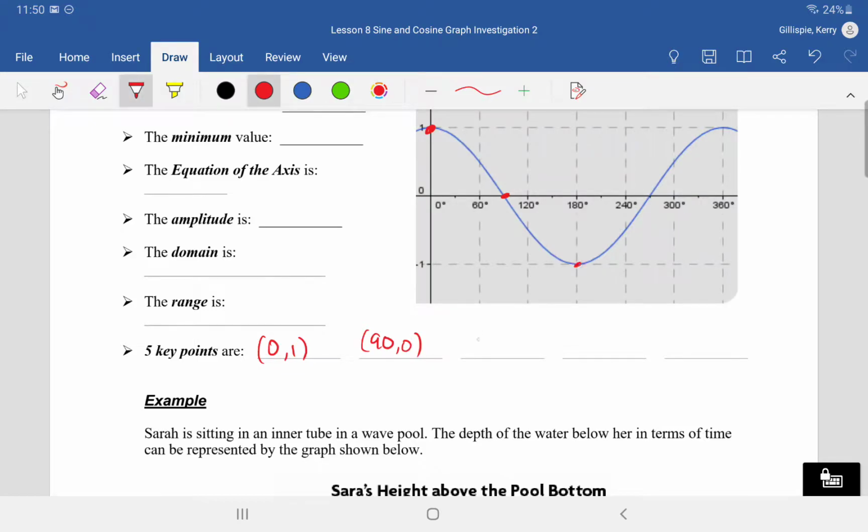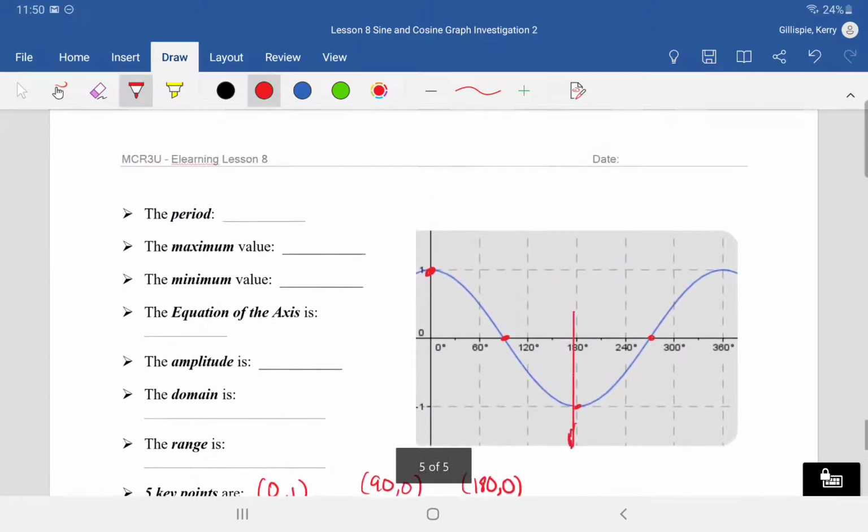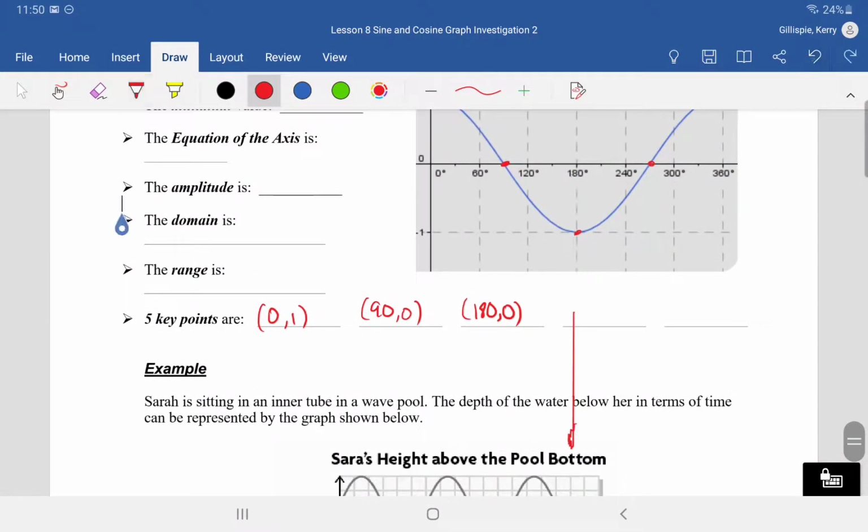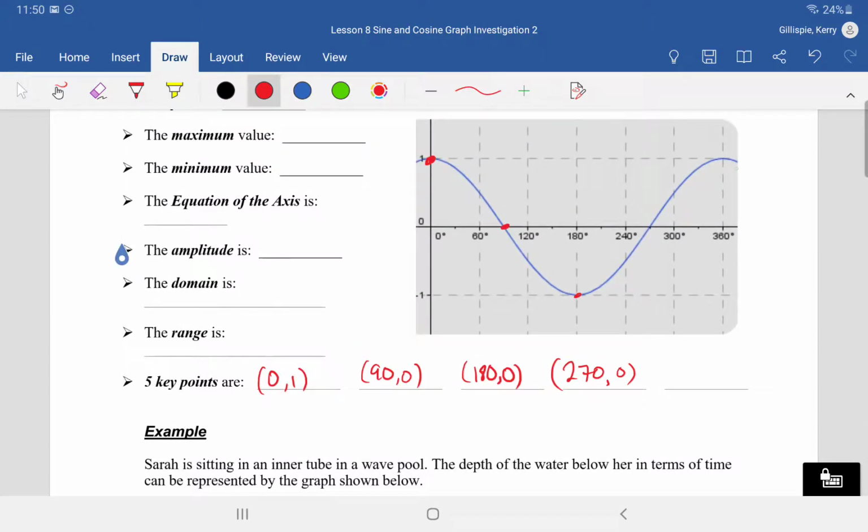The min coordinate is at 180 and 0. The next x-intercept is at 270 and 0. And then the final key coordinate is when it comes back to a height of 1, which is at 360 and 1. Okay, so those are the 5 key coordinates for a cos graph.